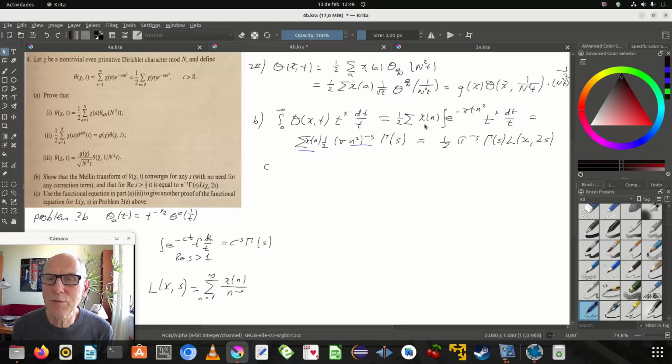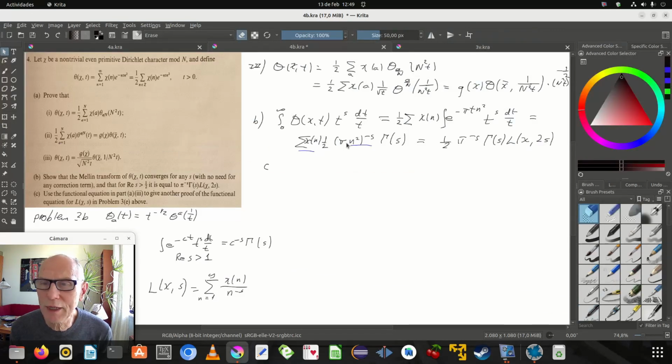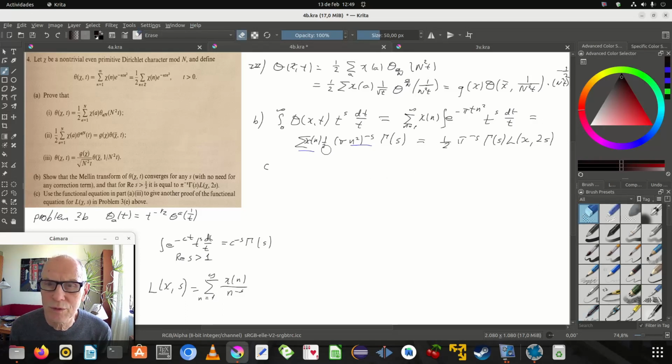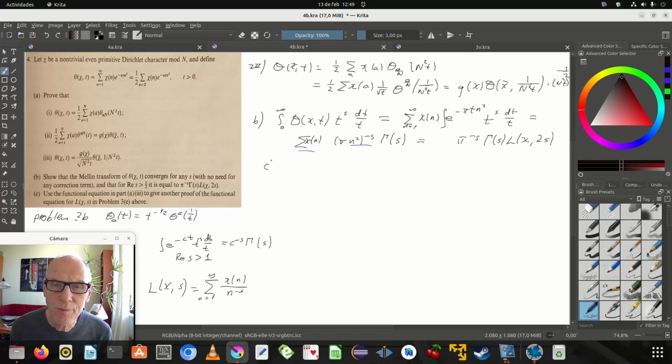So if we say we sum only for the positive ones, then I just have to erase 1/2, and then saying we sum from n going from 1 to infinity. There we go. Right.